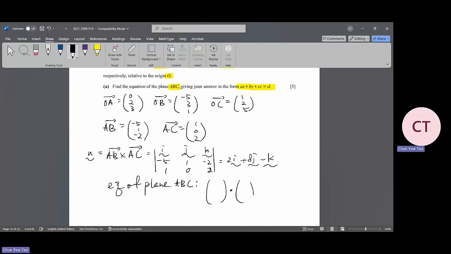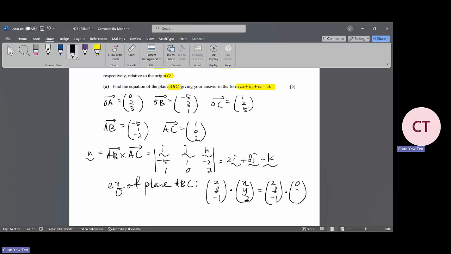We have brackets over here, and there's a dot in between. So this is the normal vector. Your value here is x, y, z, any random point. And this one is a position point. You can put OA, you can put OB, or you can put OC. It doesn't matter because ABC is on the plane.